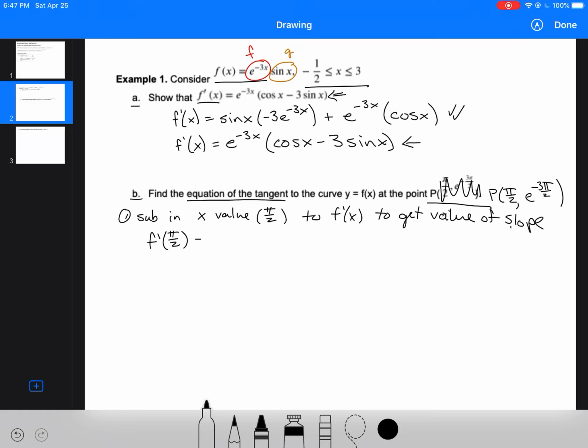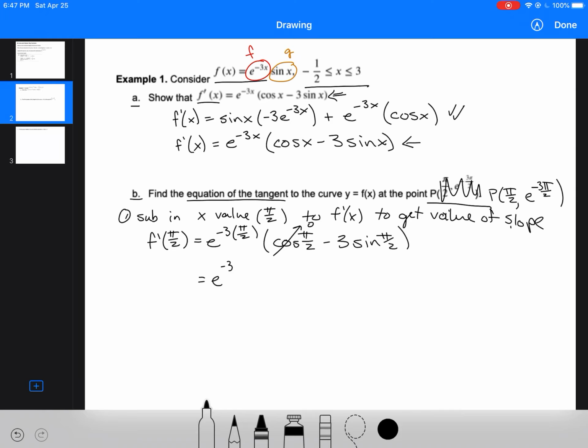So we've got f prime of pi over 2, using our f prime factored form from part A. And then we've got cos pi over 2 minus 3 sine pi over 2. This is going to simplify for us a little bit.